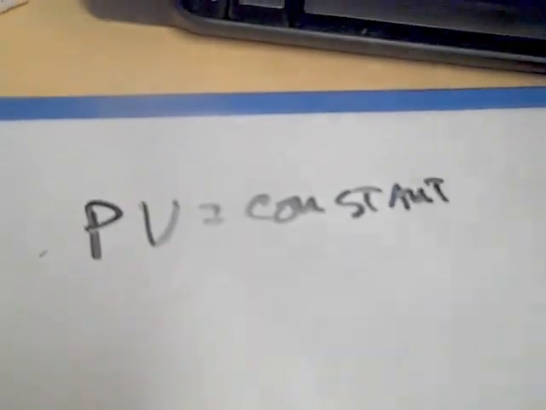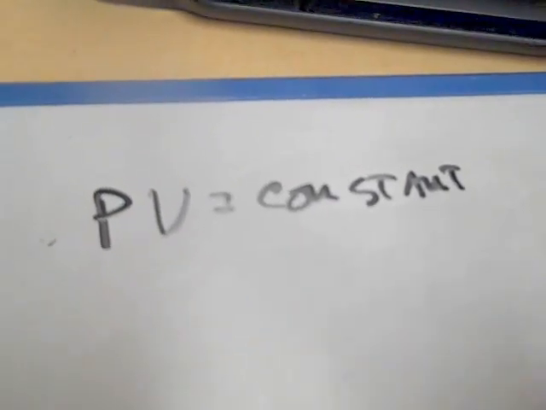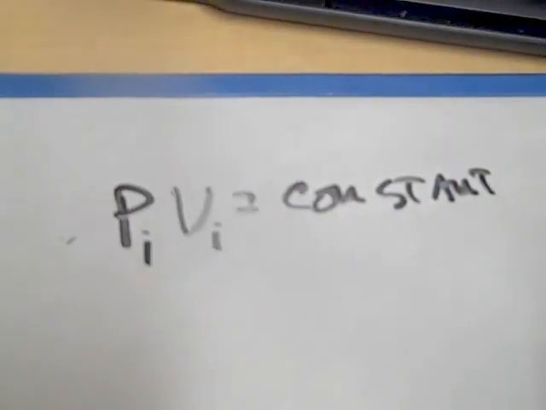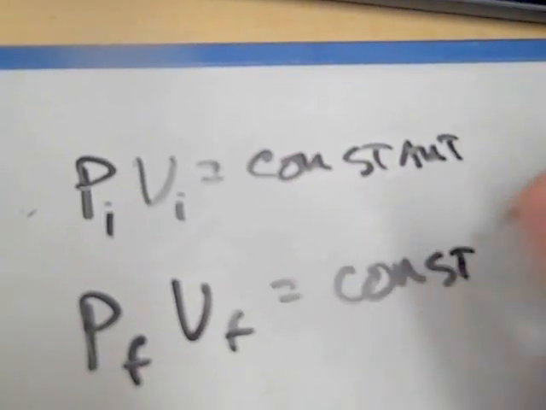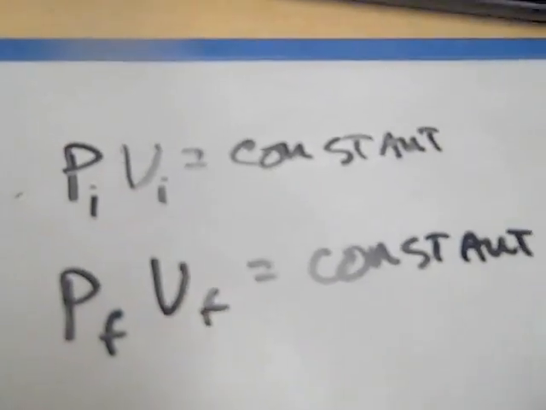All right. And so if we have an initial state like this, and then a final state, that's also equal to a constant.